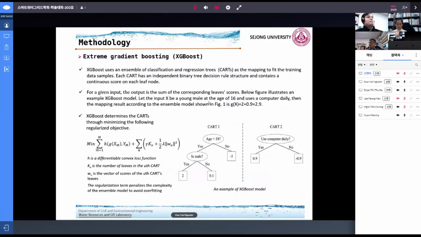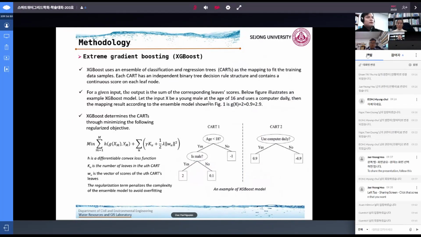The second algorithm I will introduce here is extreme gradient boosting. This is also a powerful algorithm used in recent times, and XGBoost uses an ensemble of classification and regression trees, CARTs, as the mapping to fit the training data samples.